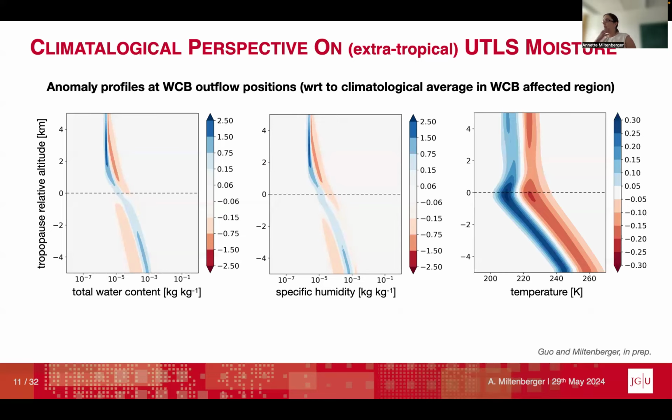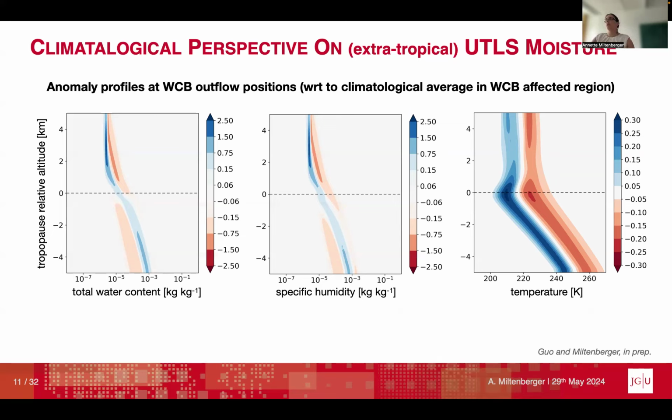Finally, I want to show you here the temperature anomaly that goes along with this column in the tropopause relative sense. And this is a very strong temperature shift between the warm conveyor belt outflow and the background. And this is exclusively down to a climatological shift in the tropopause altitude. So in warm conveyor belt outflow, the tropopause is locally pushed upwards, which produces this cold bias that we see here.